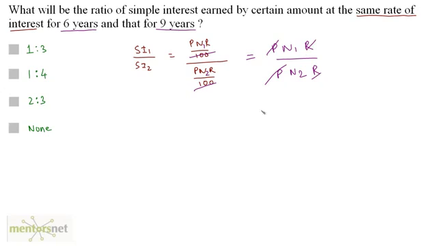P and R get cancelled out. What remains is N1 by N2. Now N1 by N2 is basically 6 by 9, and that's 3 times 2 is 6 and 3 times 3 is 9. So 2:3 is the ratio of these simple interests. So option C is the correct answer.